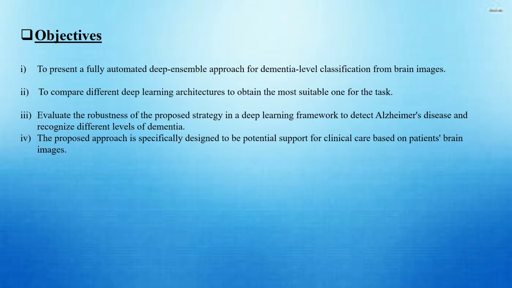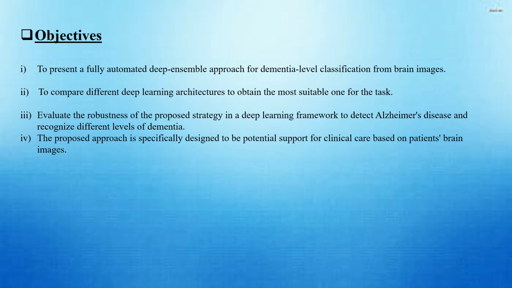So coming to the objectives, the main objective is to present a fully automated deep ensemble approach for dementia level classification from brain images, to compare different deep learning architectures to obtain the most suitable one, and to evaluate the robustness of the proposed strategy in a deep learning framework to detect Alzheimer's disease and recognize different levels of dementia.